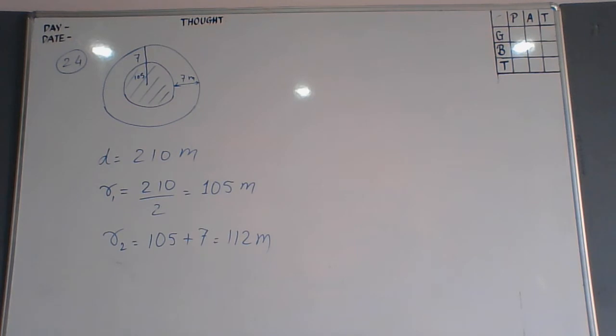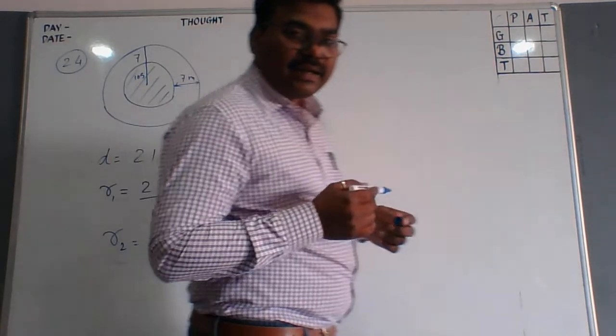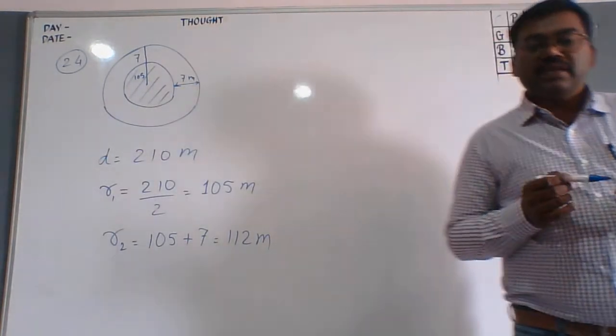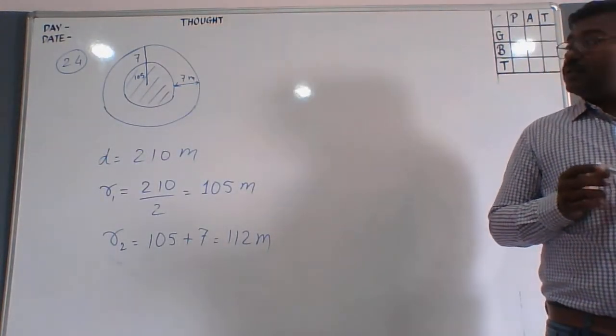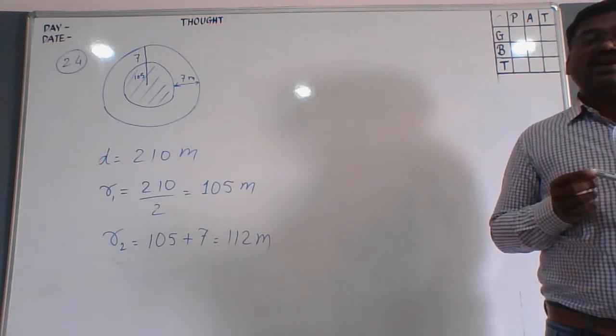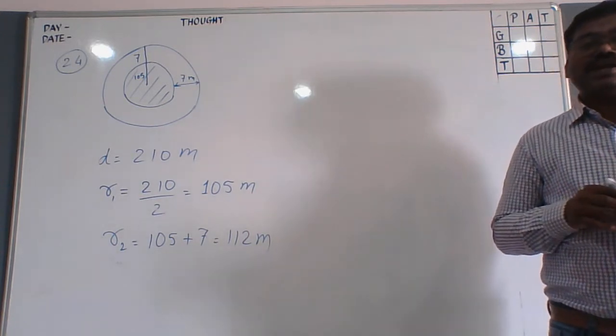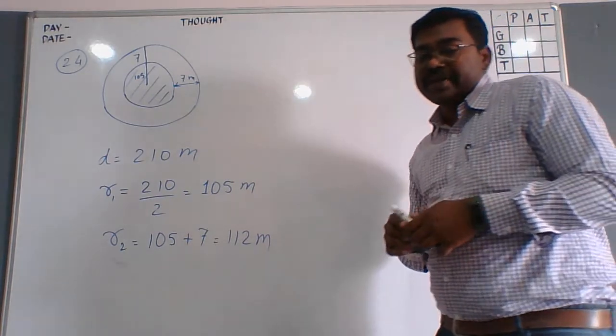Okay. So these are the external and internal radii. Now we want to find out the area of the path, that means area of this unshaded region. So for that, actually we are going to use the formula for finding the area of ring.